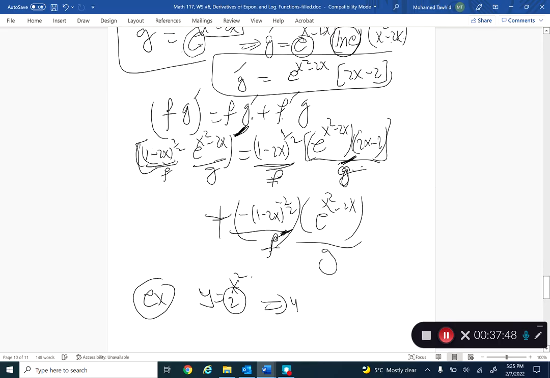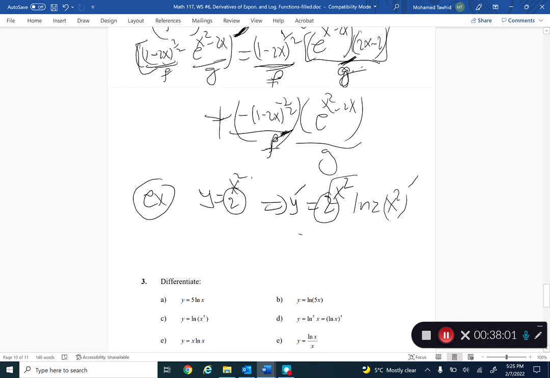So the derivative of any exponential should be exactly the same. What is your base? Your base is 2. What is your exponent? Your exponent here is x squared prime. If I simplify this, you will have 2 to the power x squared ln 2, that's a constant. You leave it as it is. What is the derivative of x squared? Just 2x, and you leave it like this.